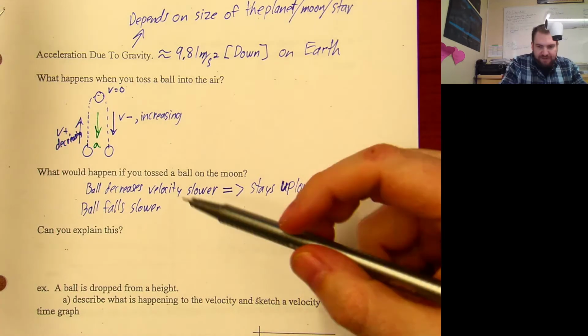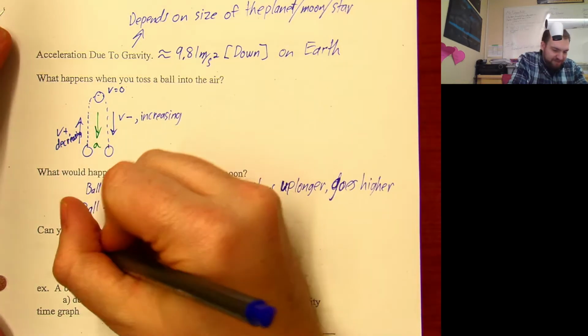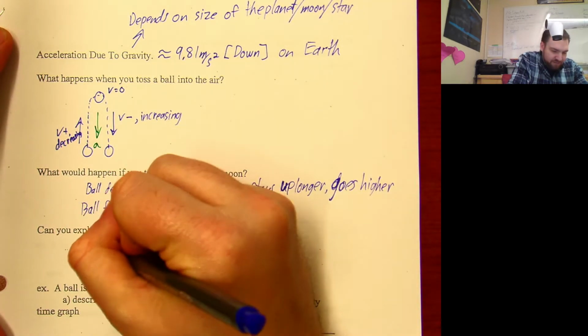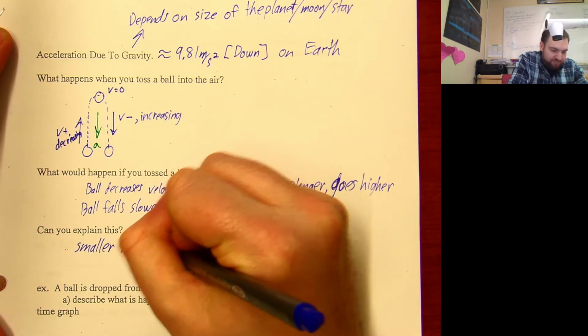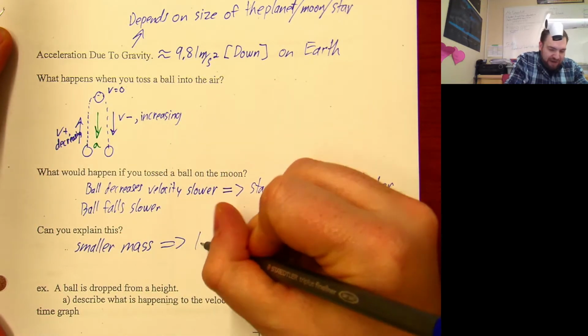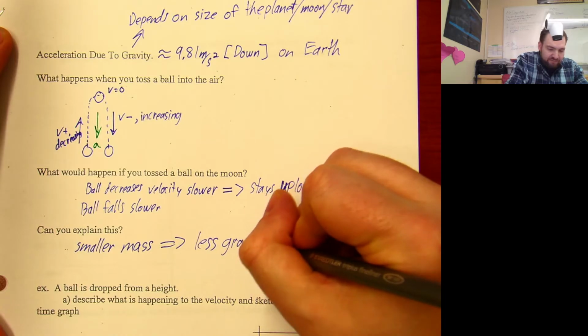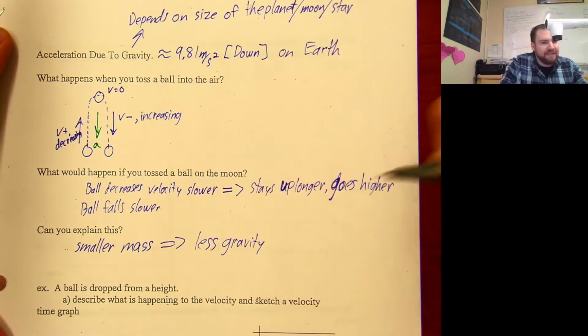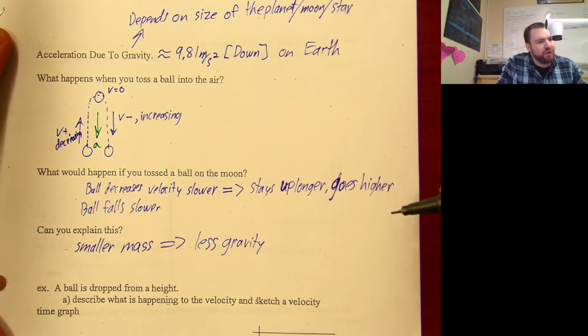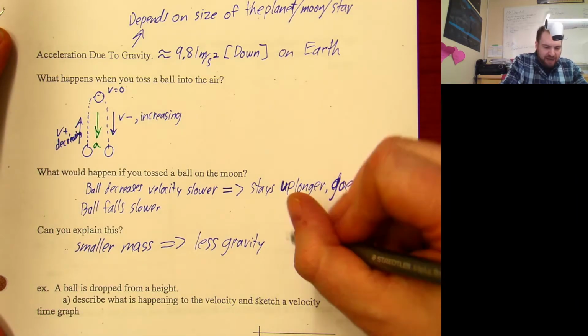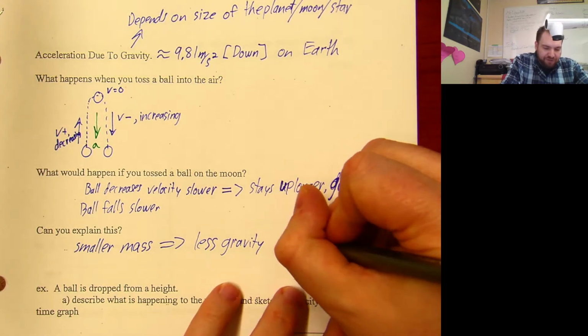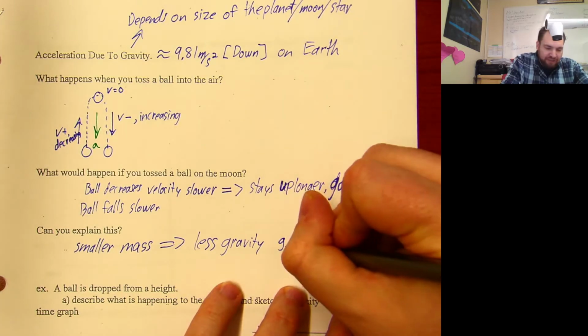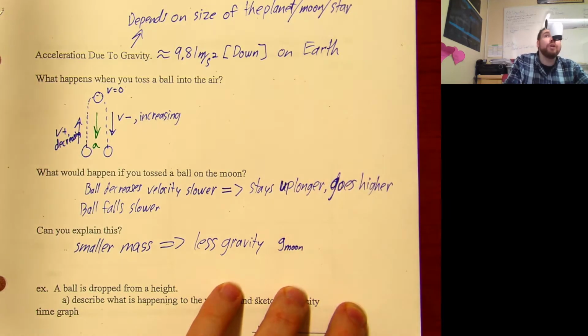So what's the reason for this? The reason is smaller mass gives us less gravity. I even give you that value, I think, on your formula sheet. Yeah, I do. There it is. We'll start using letters for this now. Little g moon.